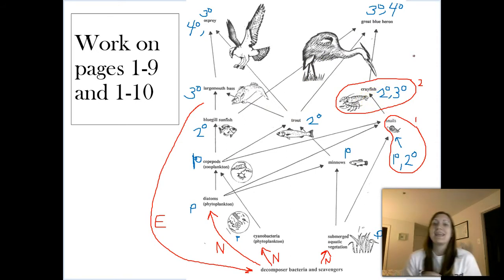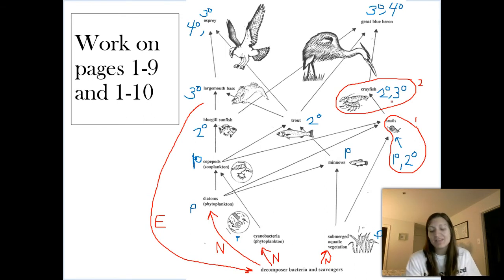Of those, the answer is crayfish. Look at what is eating crayfish. The only organism eating crayfish is the great blue heron. So if you have no great blue herons, crayfish are now at the top of their food chain. Nothing eats them. So if nothing's eating them, their population is going to grow and grow.